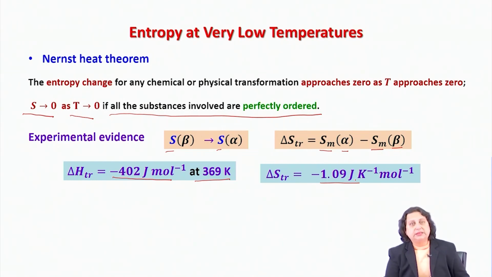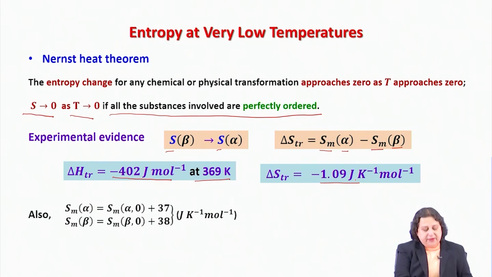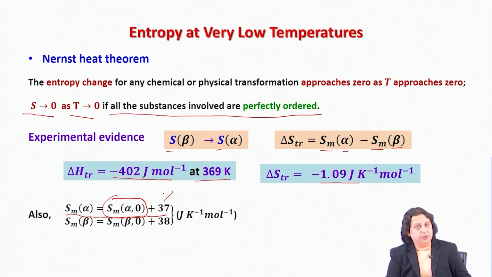Another set of experiments was carried out whereby one followed the change in entropy of the pure phases alpha and beta separately. And it was found that the molar entropy of alpha varies as this, where this is the molar entropy of alpha at absolute zero, and this is the increment in joules per Kelvin per mole as the alpha phase goes from very low temperature to the temperature of the experiment, that is 369 Kelvin.